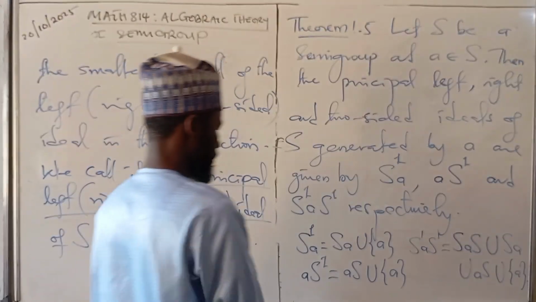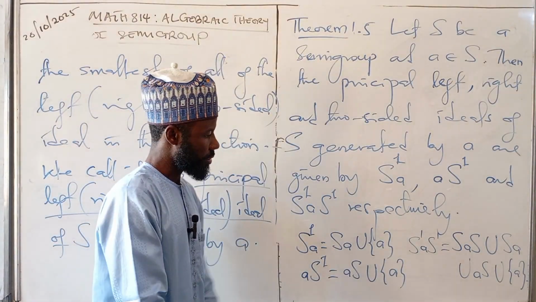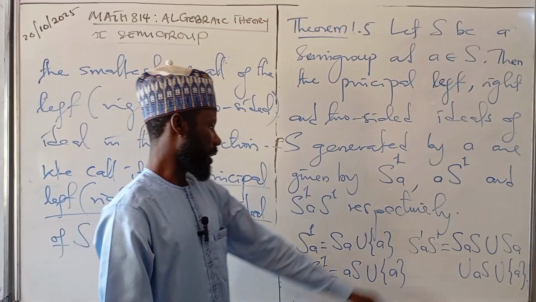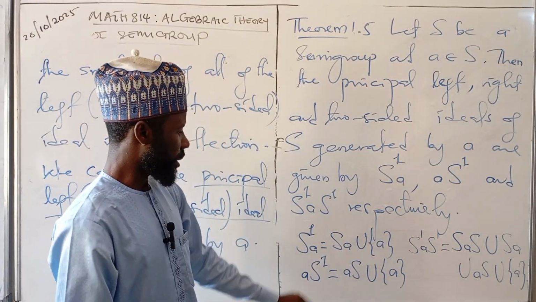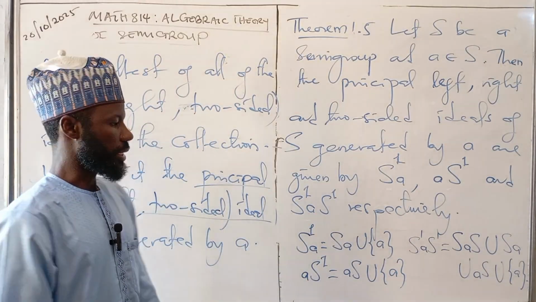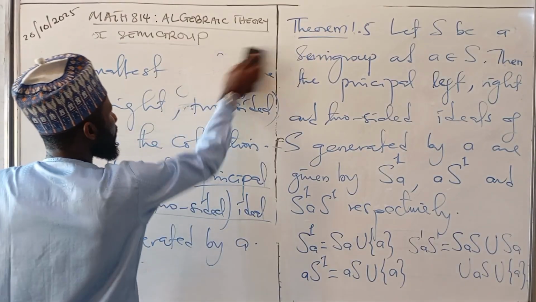From the very definition of this multiplication, you can see that this set is bigger. In fact, it always contains the left and the right in it. All right.